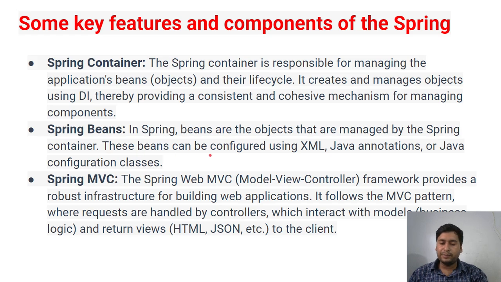These beans can be configured using XML, Java annotations or Java configuration classes also. Earlier, in Spring projects, some people went with XML configuration, sometimes Java annotation configuration, and sometimes Java class configuration, that is possible. But I think people mostly go with XML.